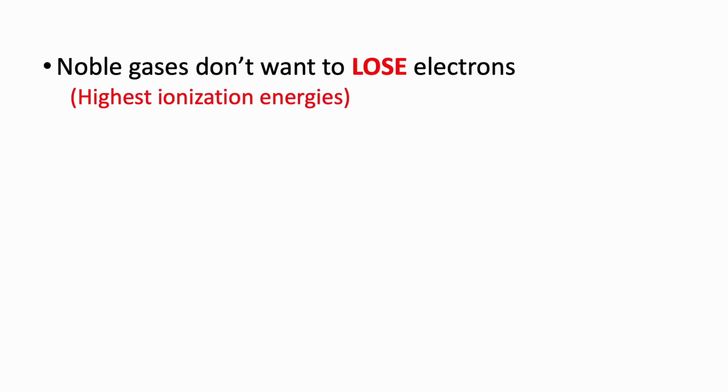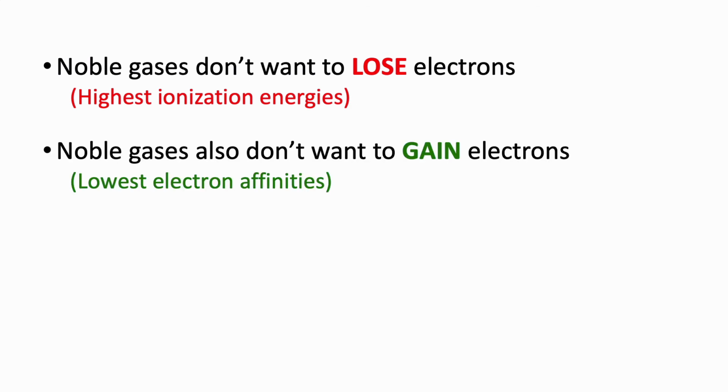One of the most important things you can take away from this, which is really going to drive a lot of what we do in the next few weeks, is thinking about the trends with noble gases. Noble gases have the highest ionization energies, so more than any other element, they don't want to lose electrons. Noble gases also have the lowest electron affinities, so they also don't want to gain electrons.